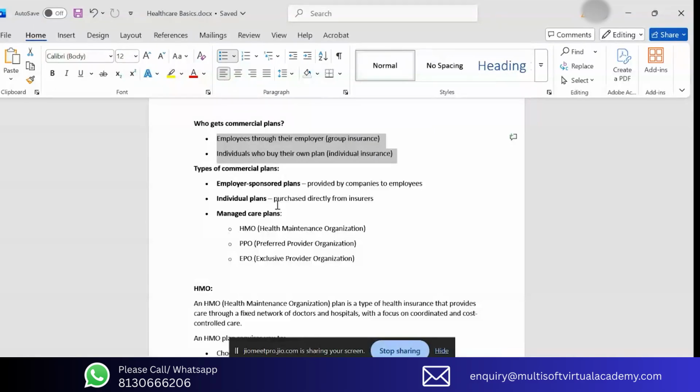Now I'm going and buying my own personal private insurance with my own customized plan. What is the use, why is it necessary? I'm taking two different plans, one group insurance and another individual insurance.